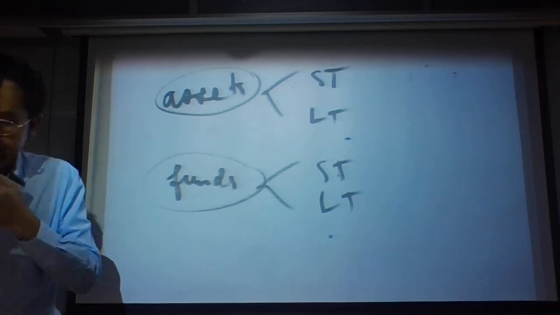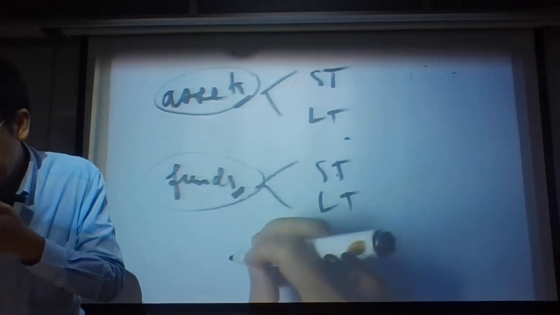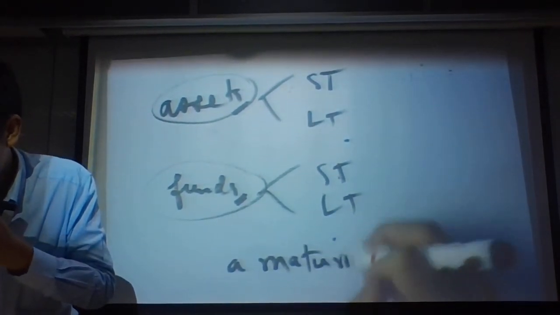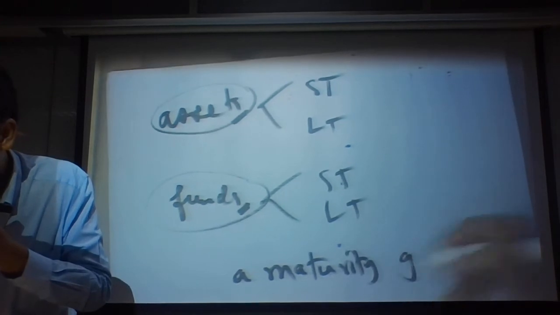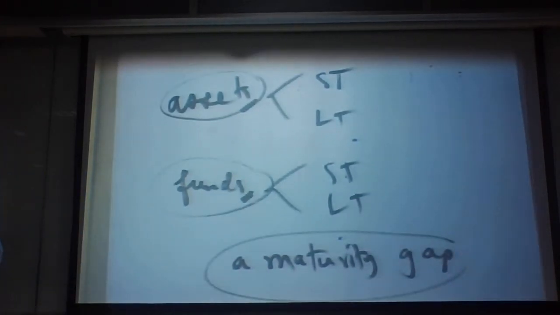When maturities of assets and funds are different, we say that we have a maturity gap. A maturity gap occurs when the maturities of assets and funds are not the same.